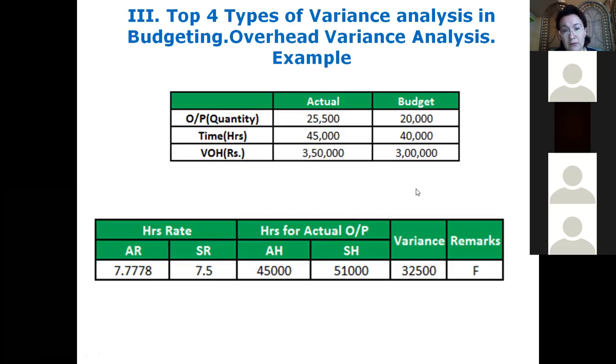We can use the following logic. So we should identify the hourly rate based on the actual hours and based on the standard hours. And we should identify the variance. And based on my example, we have got the favorable result.